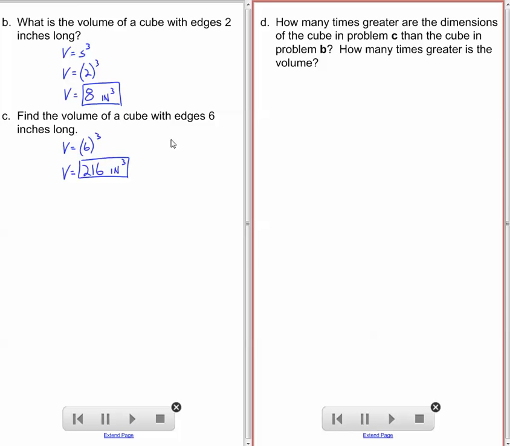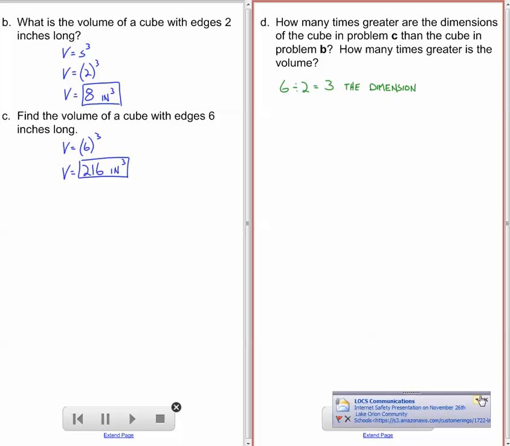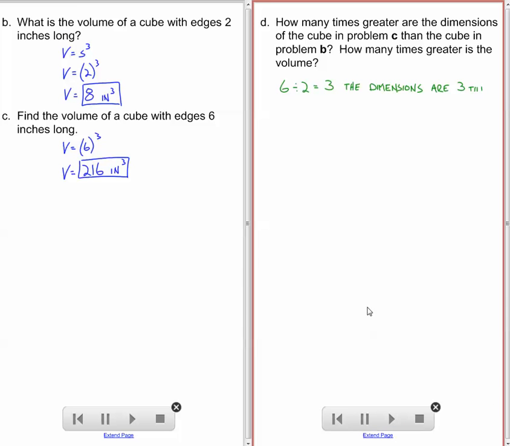The dimensions, okay, so from 2 to 6. How many times greater is 6 than 2? 3 times greater. So the dimensions are 3 times greater because 2 times 3 is 6.